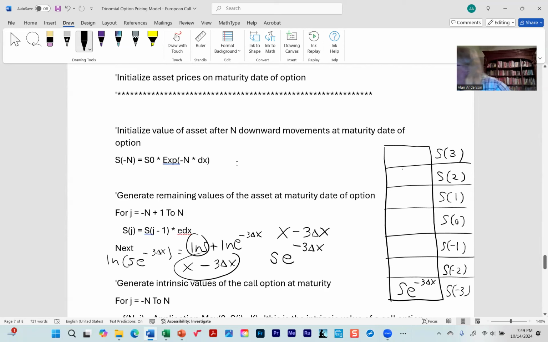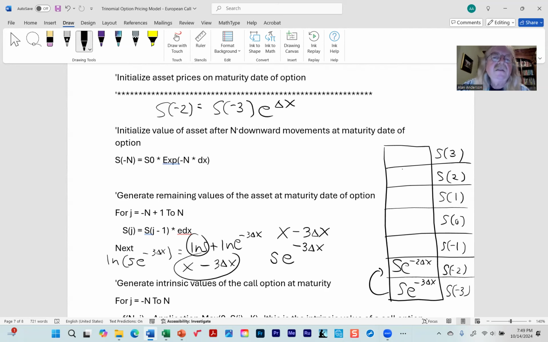Now, how do we get from here to here? Well, the ratio of them is, to go from here to here, you're multiplying by e to the delta x.